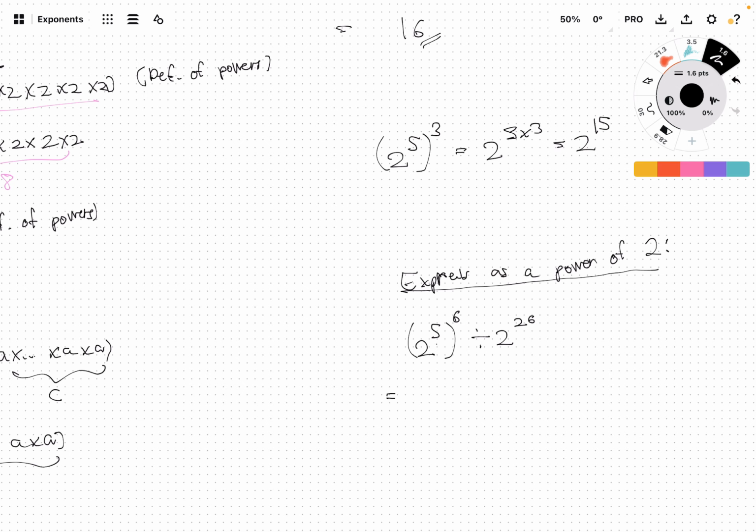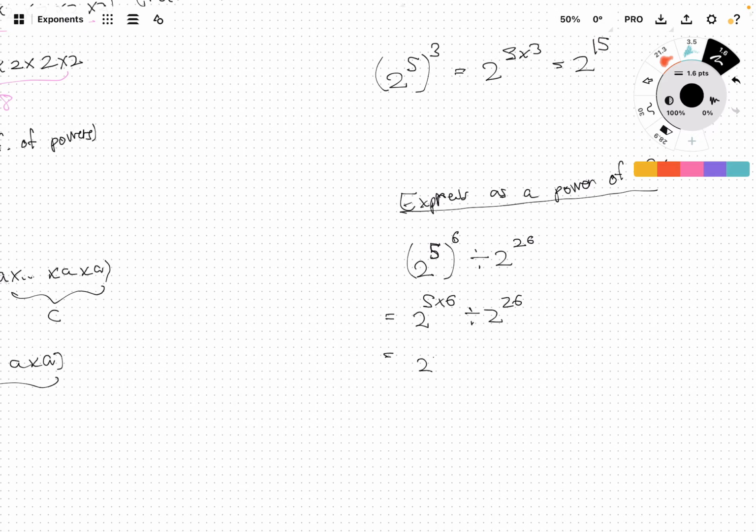What do you have here? First, you apply the power of a power rule, just 2 to the 5 times 6 divided by 2 to the 26, just 2 to the 30 divided by 2 to the 26, and then you do the division law.